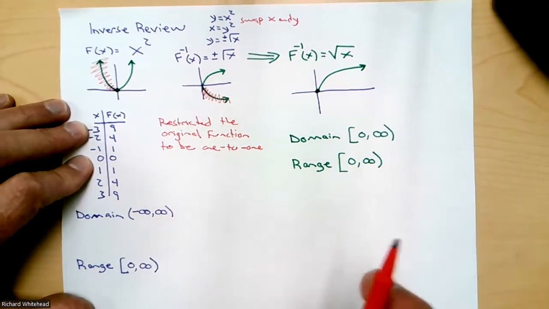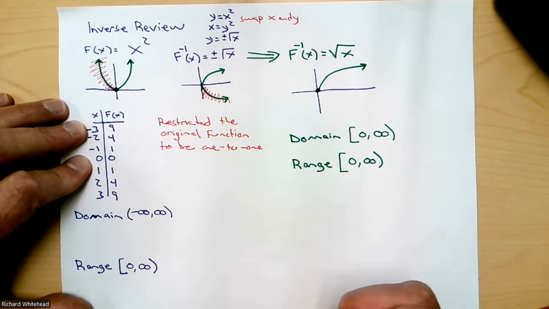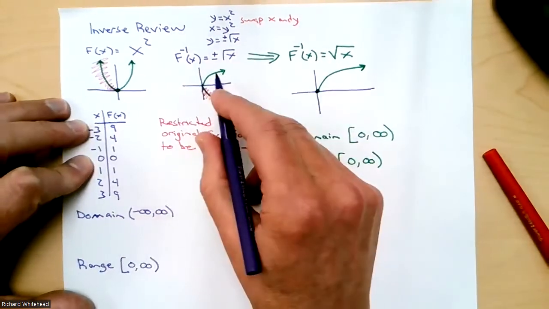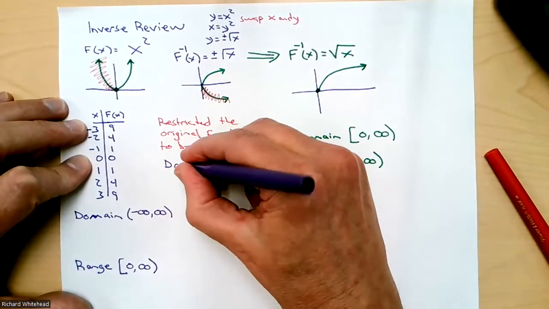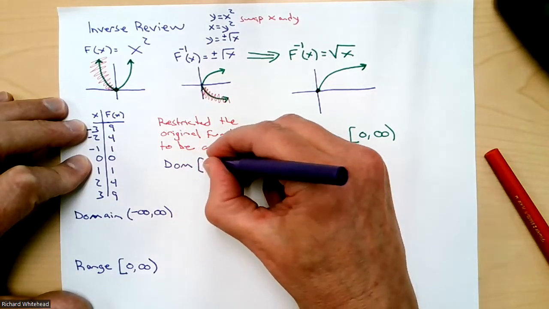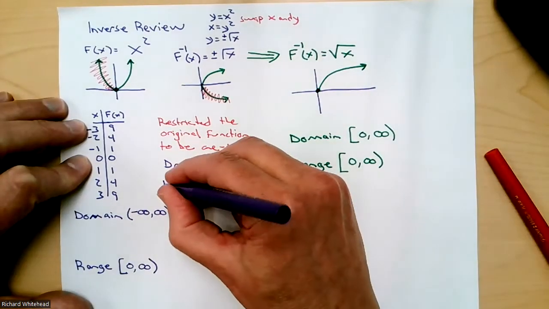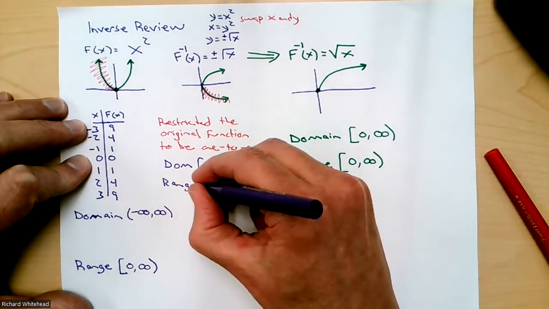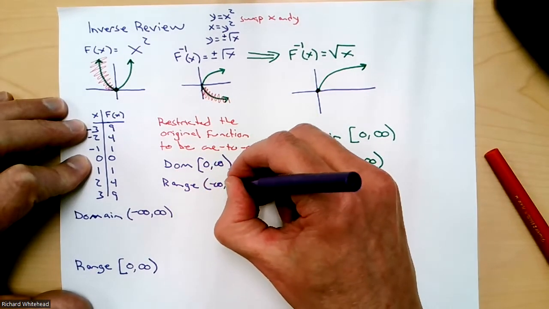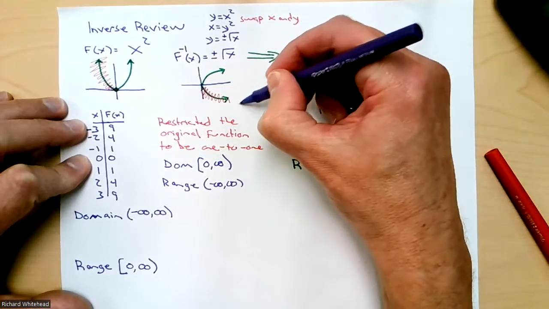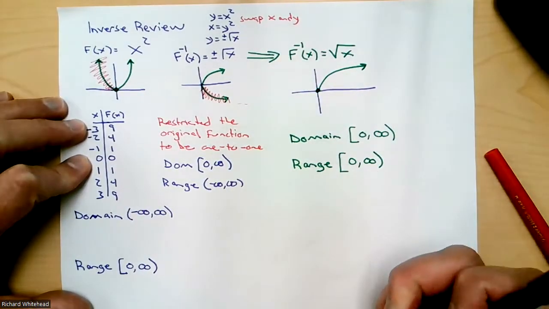How about this? Originally, when I did my original function here, the domain was 0 to infinity because we just swapped the domain and the range. And the range was all real numbers because it's going up forever and going down forever.